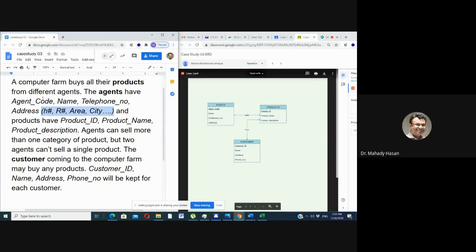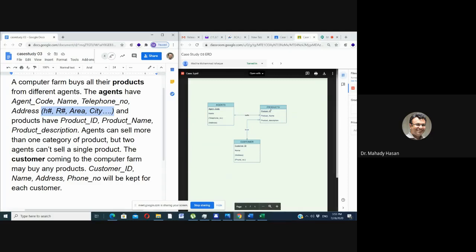Okay. Then the next issue here, it was mentioned like agent can sell more than one category of products. So one agent can sell many products. So one category, one agent can sell many products. But 2 agents can't sell a single product.